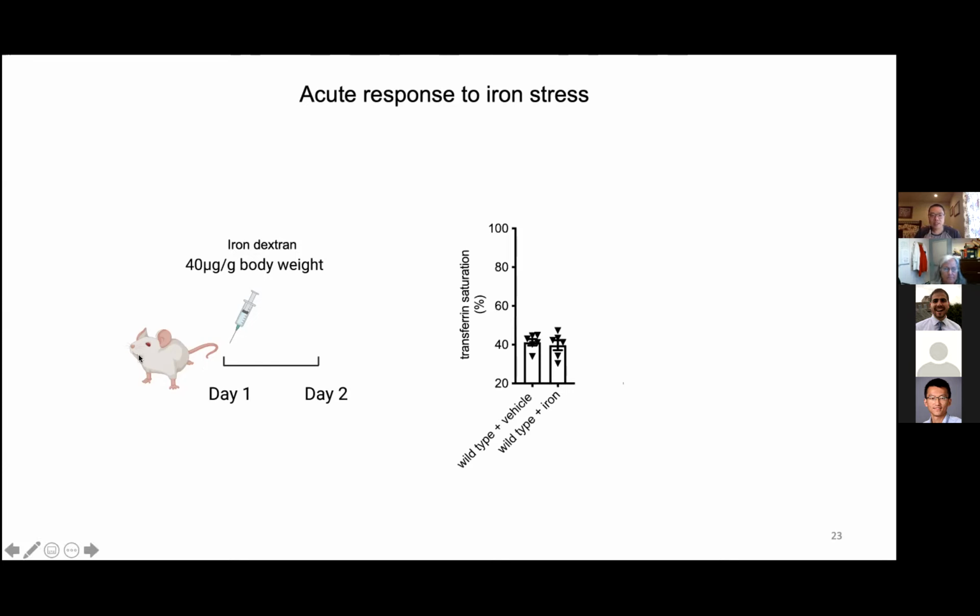This treatment is not strong enough to alter iron metabolism in the wild type animals.